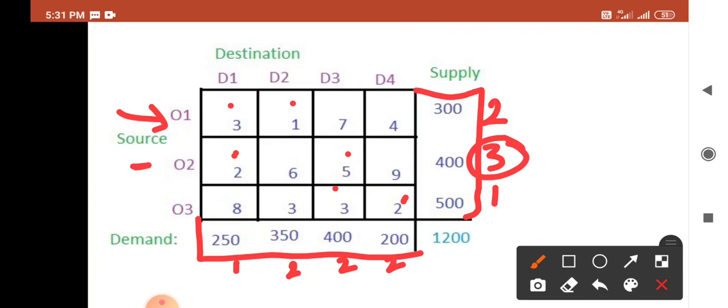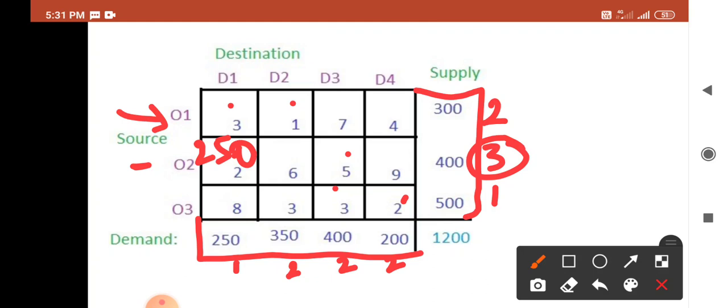We make allocation to this 2. Corresponding to that 2, the demand is 250 units and the supply capacity is 400 units. The minimum is 250, so we allocate 250.